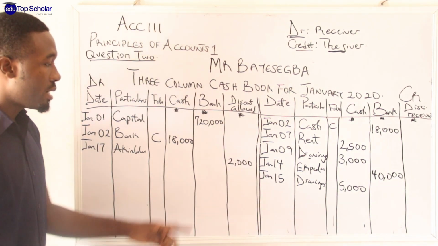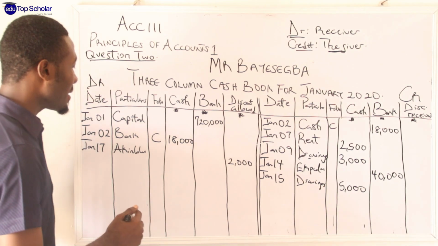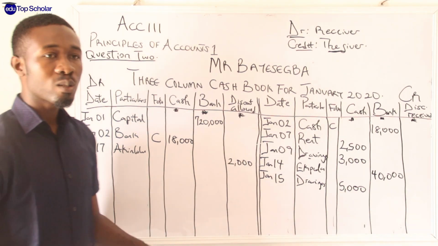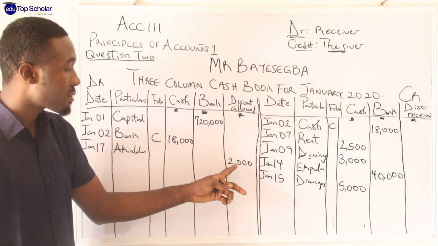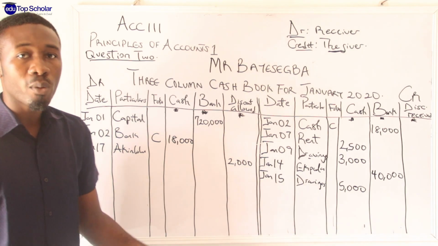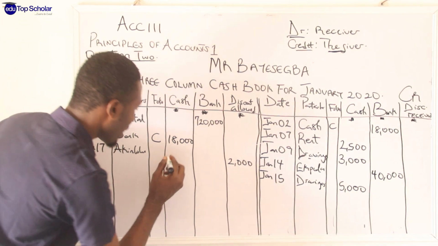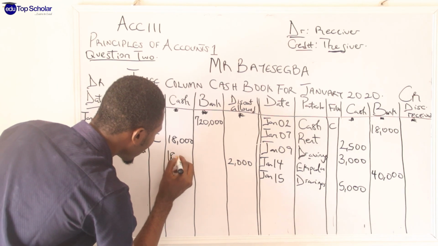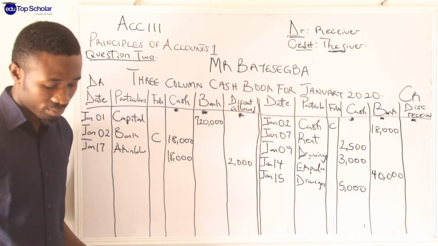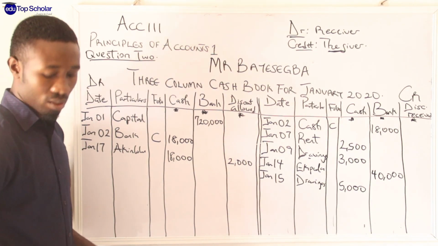entry in our books. Which means after we have deducted the 2,000 naira from the amount he was supposed to pay, we will have 18,000 naira left, which is what we are going to be recording in our books. 18,000 naira. Why?